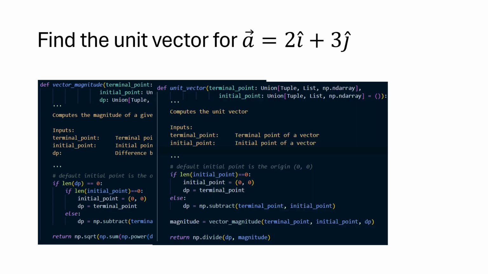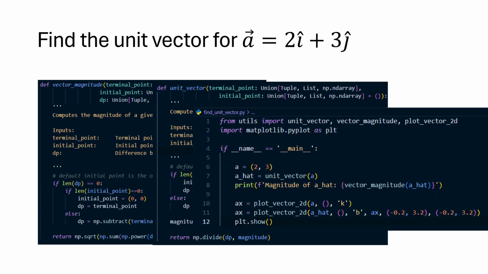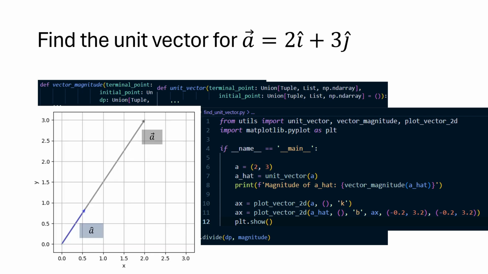Then we compute the unit vector, and then call these functions to compute the unit vector for the given vector A. We can also confirm that the magnitude of the unit vector is 1, which comes from the output of the print statement on line 8.